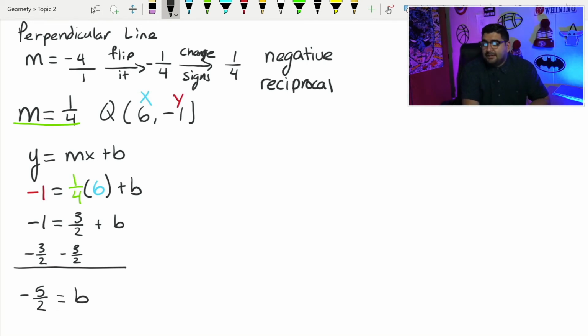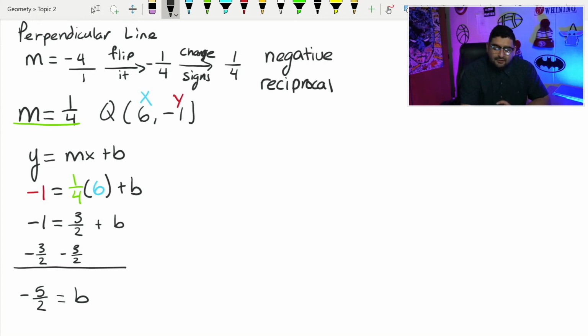So we now know that b equals -5/2. You could have also turned this into decimals. Negative 3/2 is the same as negative 1.5. You could have subtracted 1.5 from each other. That would have also gotten you negative 2.5, which is the same as negative 5/2.